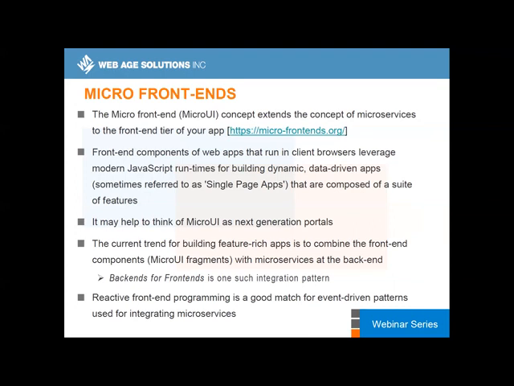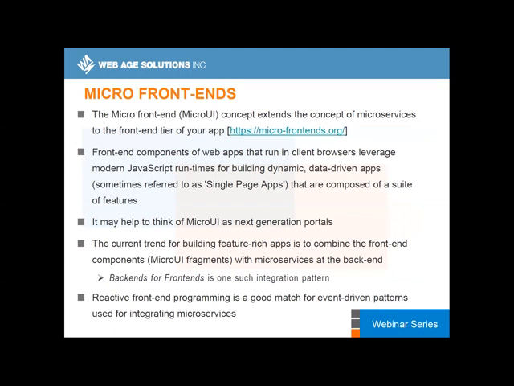Having micro UI is just a way to connect that particular applet, not a Java applet, just a way to refer to a small app, which is essentially a JavaScript application running in the client, which talks through Ajax or maybe WebSocket to the backend.